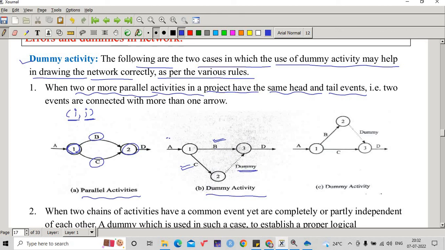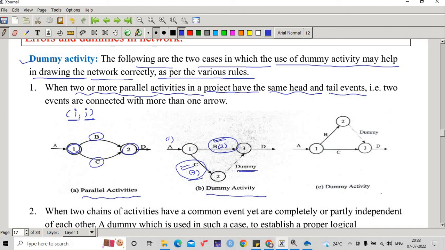Suppose A requires 1 day to complete, B requires 2 days, and C requires 3 days. In that case, D activity will be a common activity which is started after completion of this B activity and after completion of C activity. But these B and C activities cannot come together between these two events.